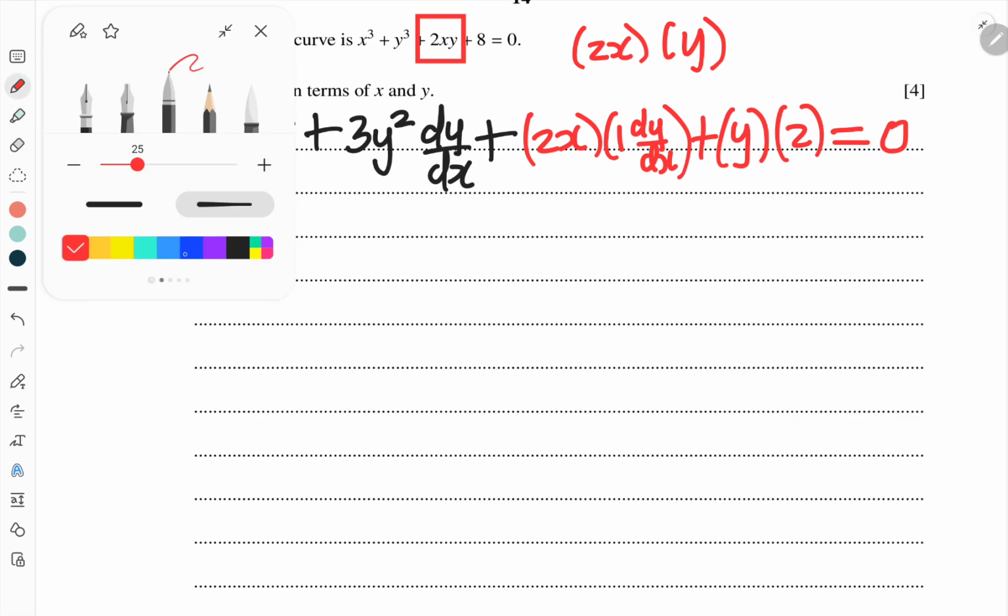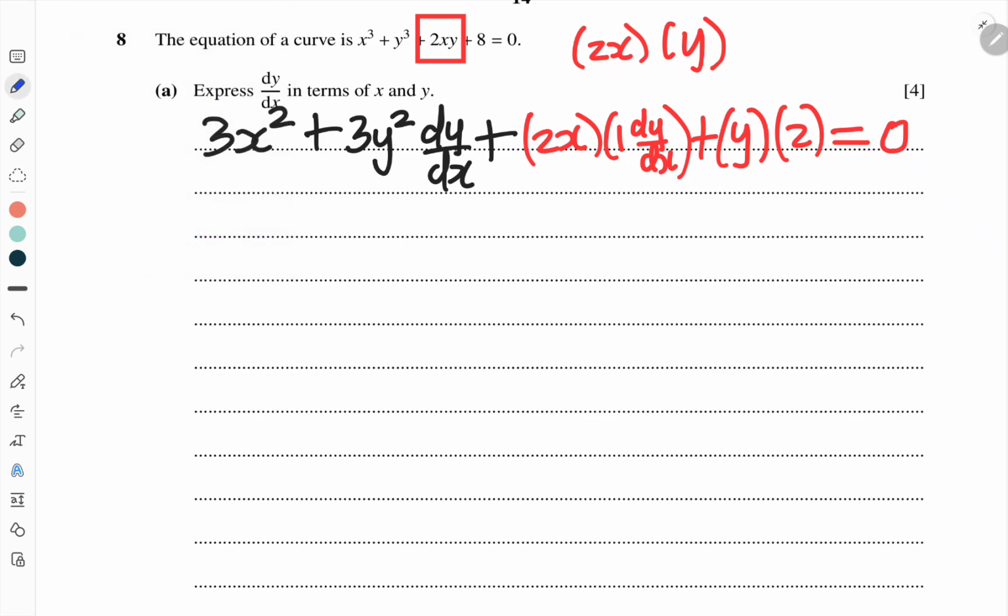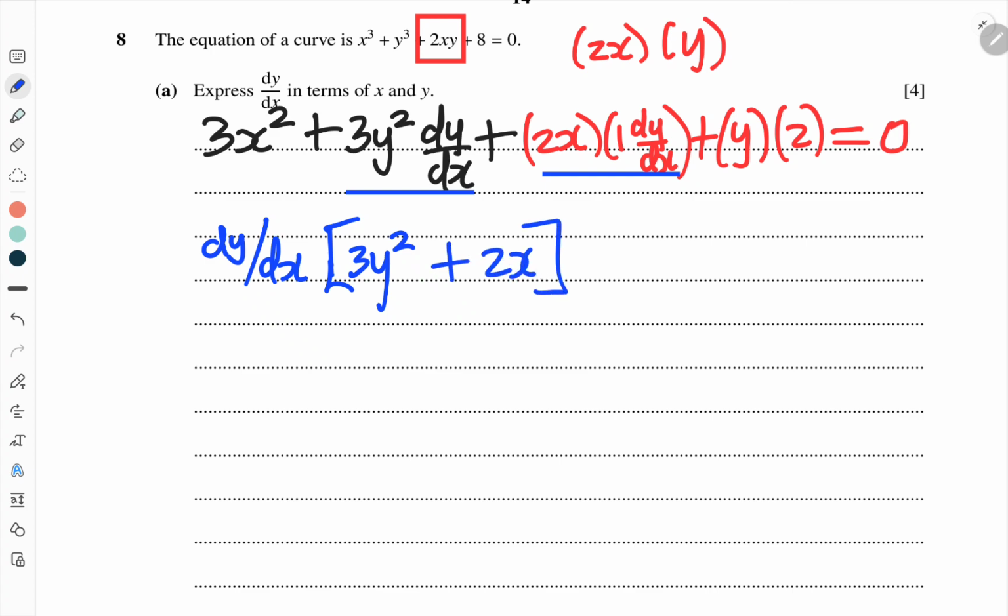Now from this stage, what are we doing? We are going to make dy/dx the subject of the formula, which means the terms that have dy/dx shall remain on this side, and I will factor out dy/dx from those terms, and I will remain with 3y squared plus 2x is equal to, I'll take the other terms to the other side.